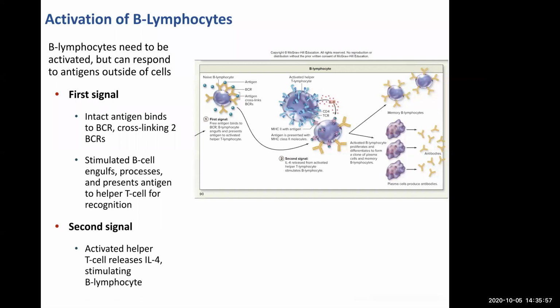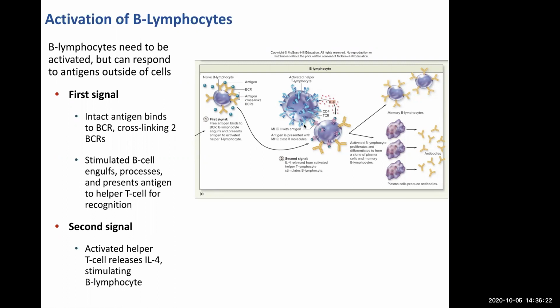IL-4 is another cytokine that is secreted by T helper cells, right? So here again, you see T helper cells being the orchestrators of the immune response via their cytokine profiles, right? So it's IL-4 that is the second signal for B cells. It is IL-2 that is the second signal for both helper T cells and cytotoxic T cells.